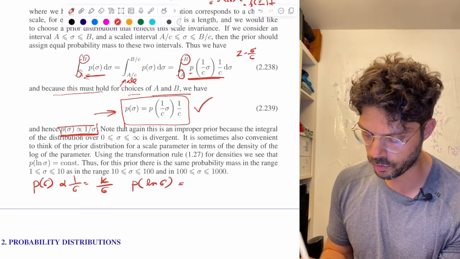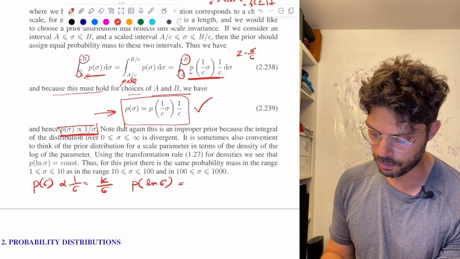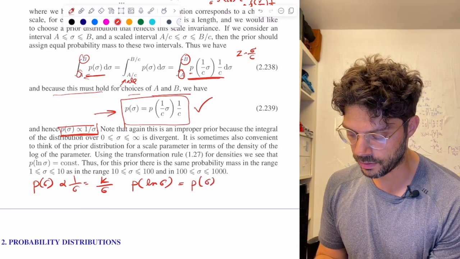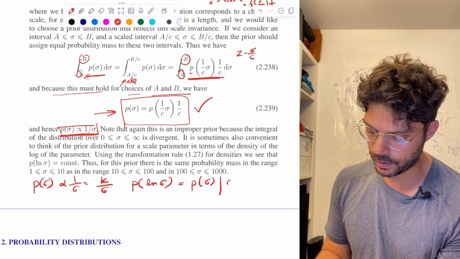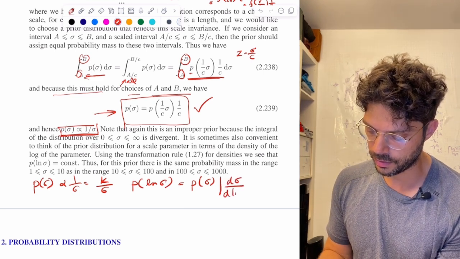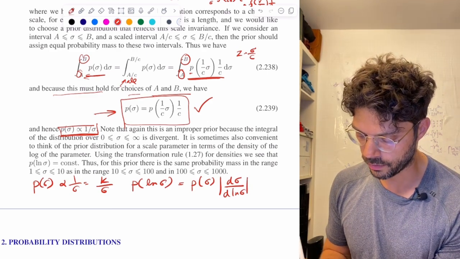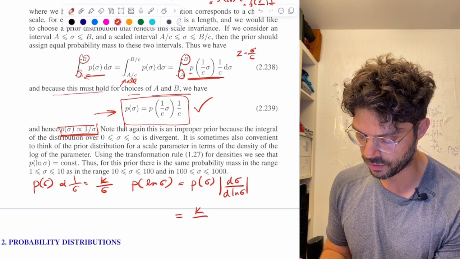Well, we know that this is actually going to be equal to P of sigma times d sigma over d ln sigma. Now, this first term is K over sigma.